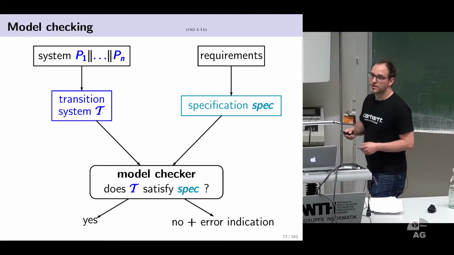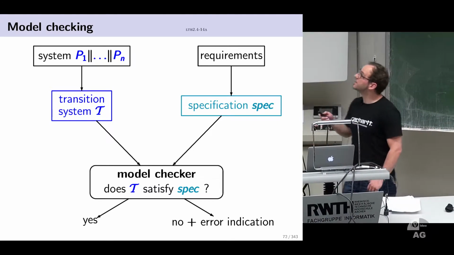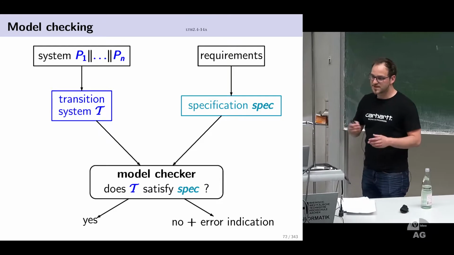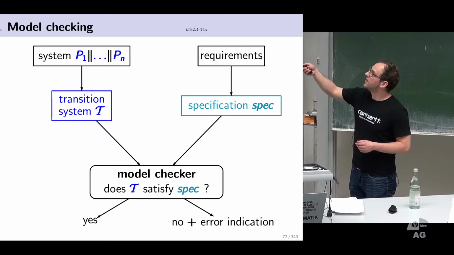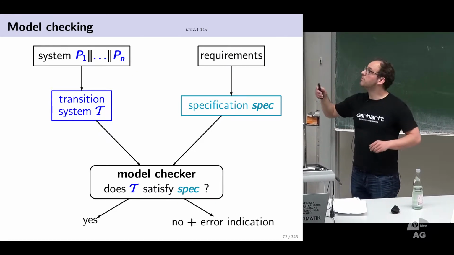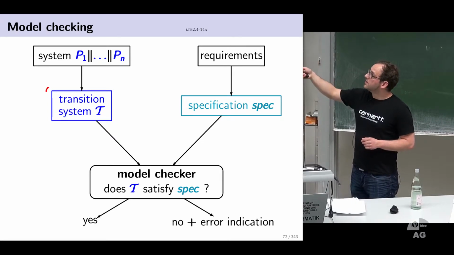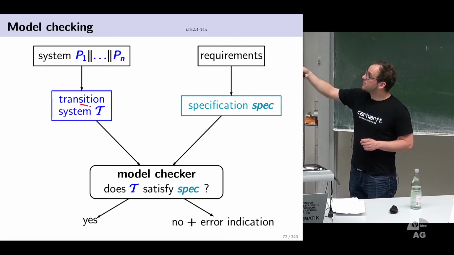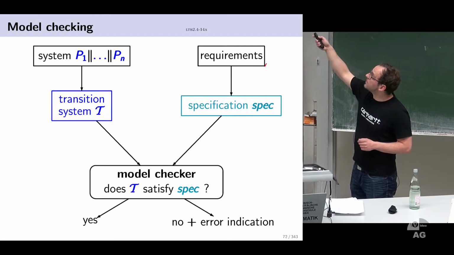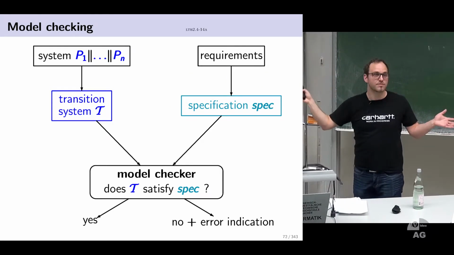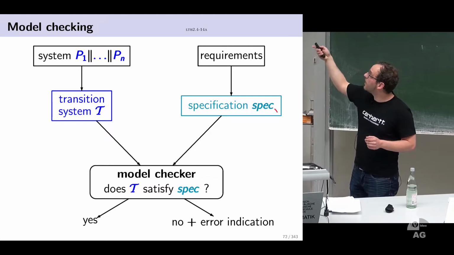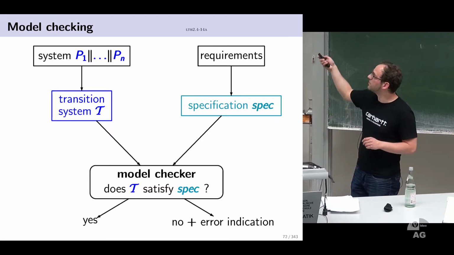Okay, this is a picture you're going to see quite a bit in this lecture series. It's basically showing you what model checking is about. You have a system consisting of some parallel processes that gives rise to some transition system. You have a set of requirements. We don't know yet how to do that, but we somehow derive a formal specification from that.